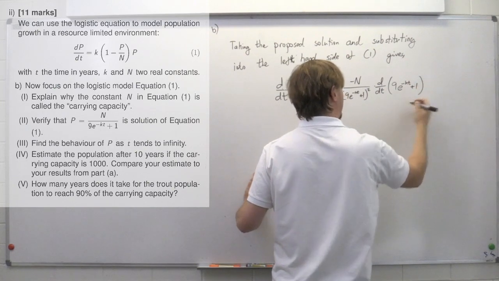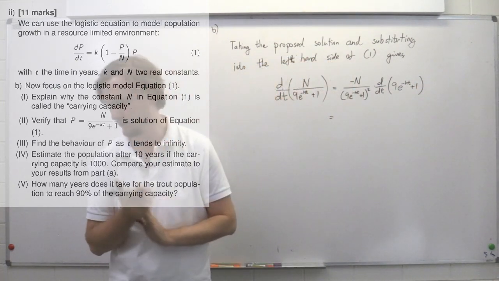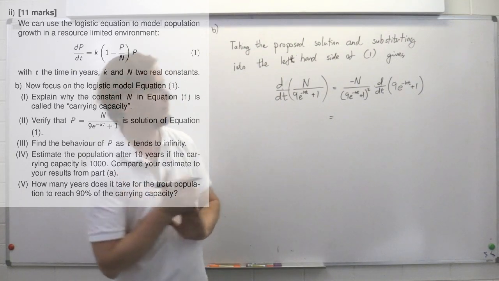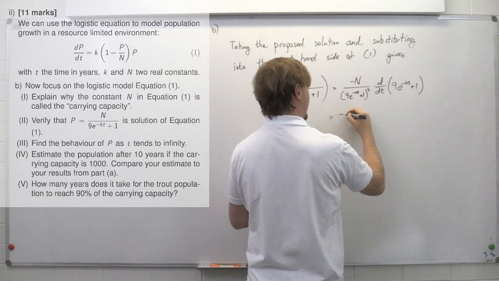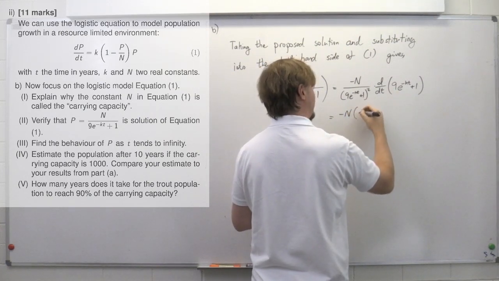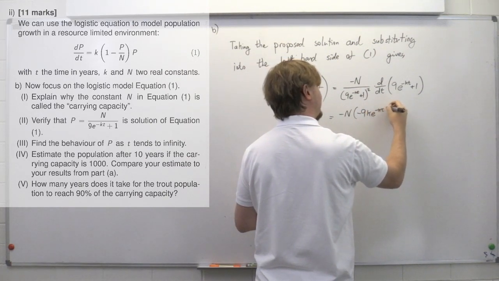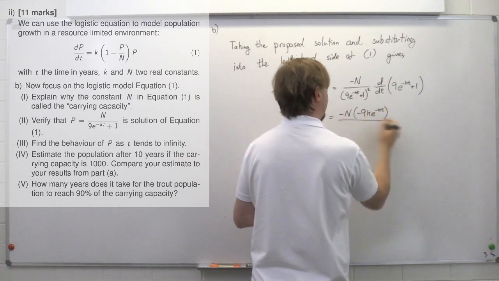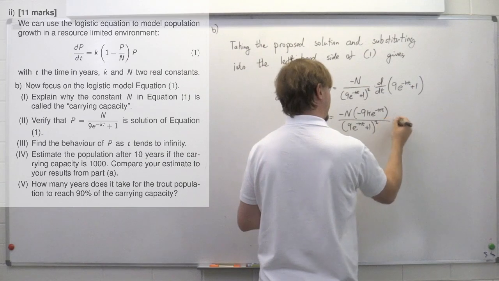You can get this using the quotient rule. This is a quotient, but one term is a constant, so you'll only have one term in the entire rule. So this is just minus n, well, this derivative is not too hard to do. It is minus 9k e to the minus kt, and it's going to be over this term squared.